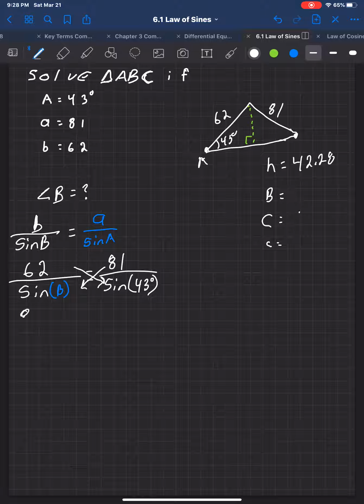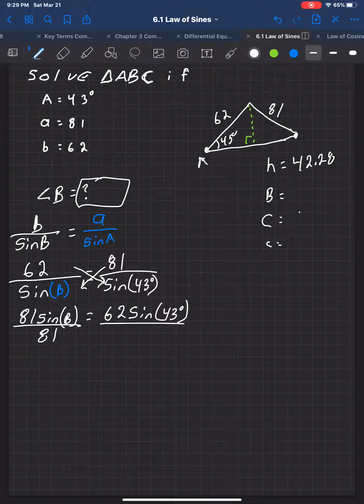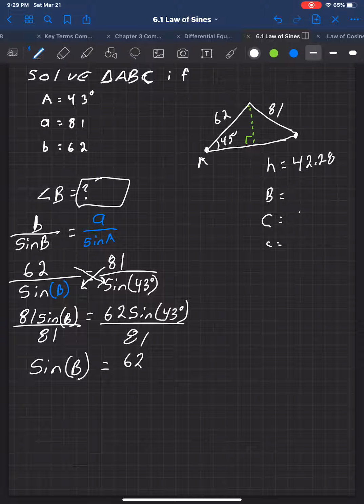So 81 times sine of B is equal to 62 times sine of 43 degrees. Now remember, you want angle B, so let's divide both sides by 81. So sine of B is equal to 62 times sine of 43 degrees divided by 81.